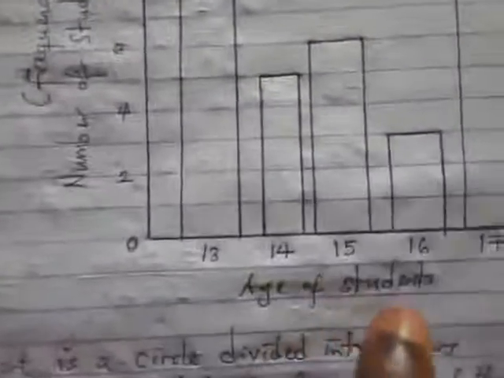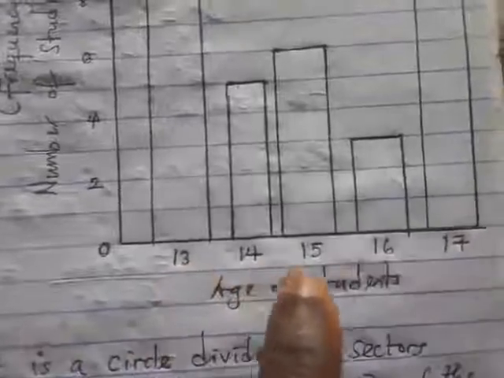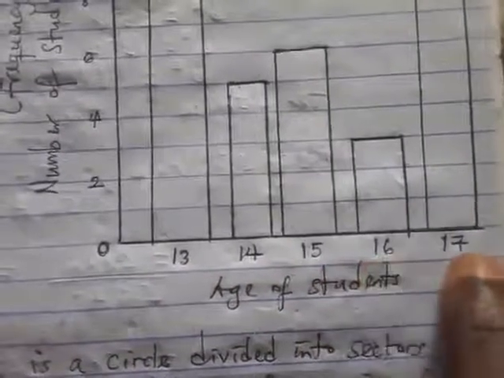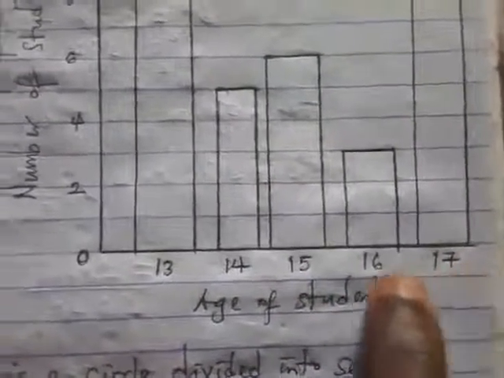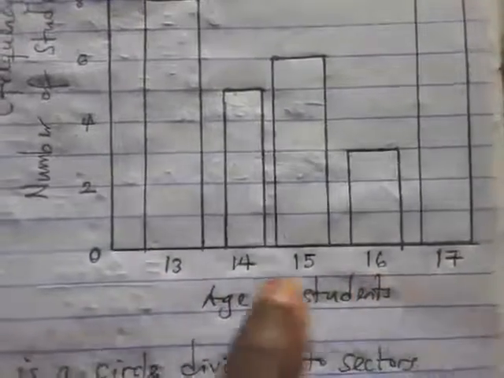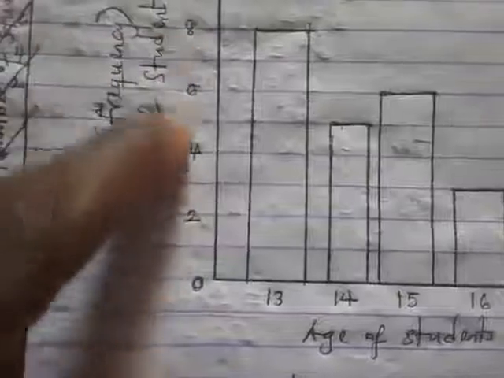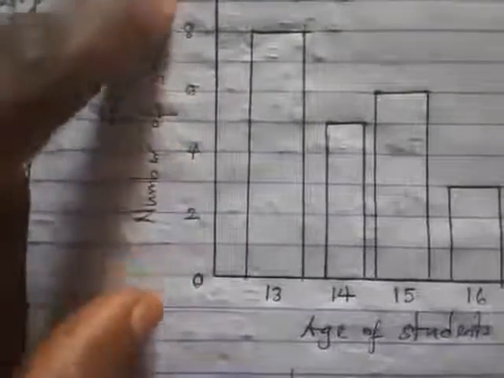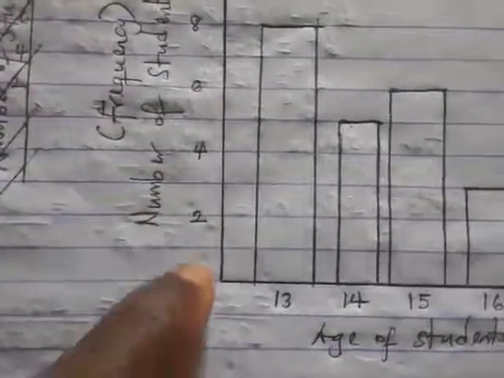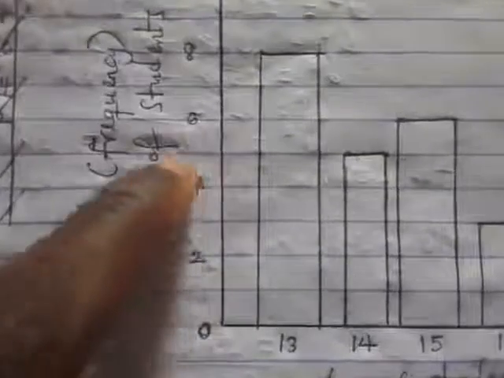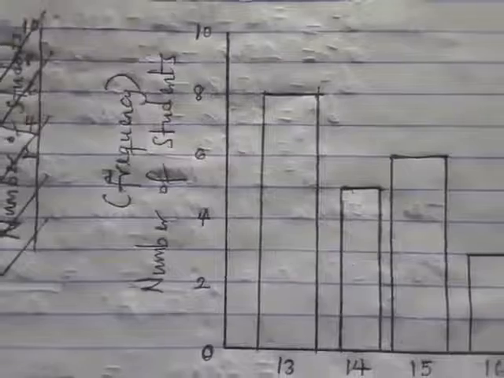You can see them written below. This is the age of the students. This particular part is the number of the students, or you call it frequency. So I wrote 0, 2, 4, 6, 8, 10, as you can see.